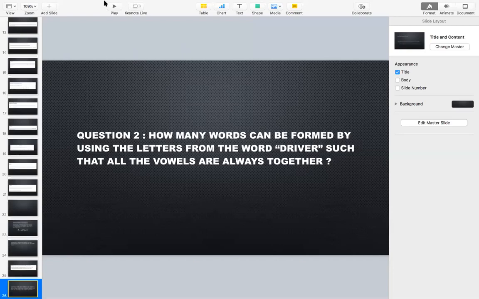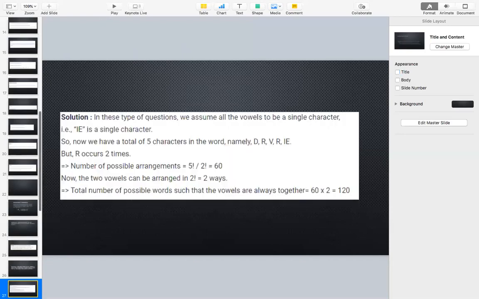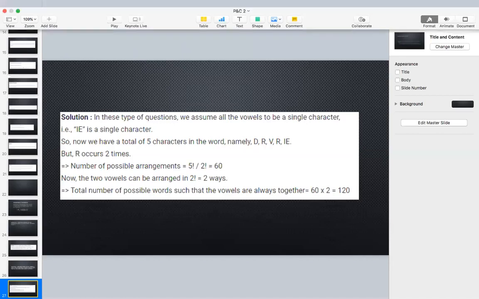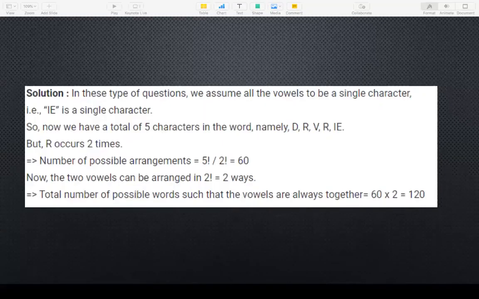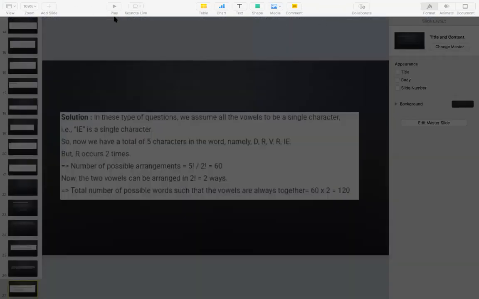And please pay attention to this particular solution. In this type of question, if the question is asking us to put all the vowels together, we assume all the vowels to be a single character.